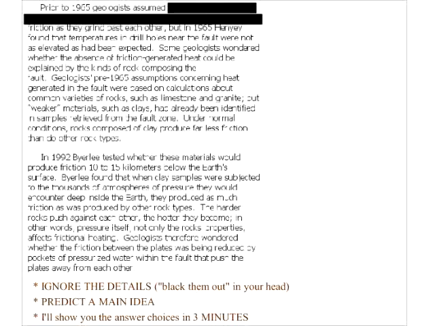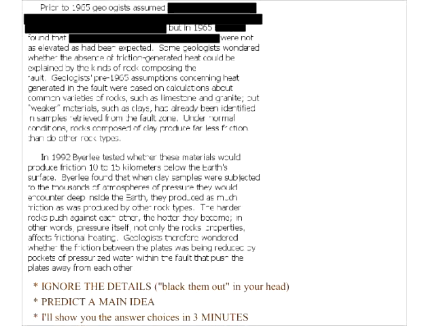When they say prior to some year they assumed something, you know that means that assumption is going to be proven wrong, because otherwise they wouldn't qualify it like that if it were still the assumption now. But in 1965, somebody found that some stuff were not something as had been expected.